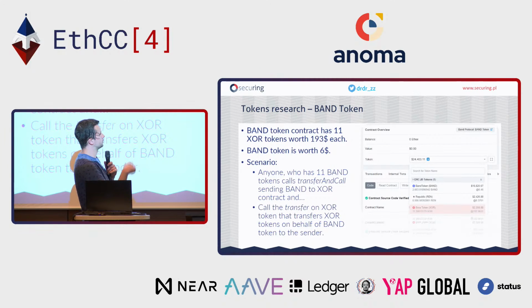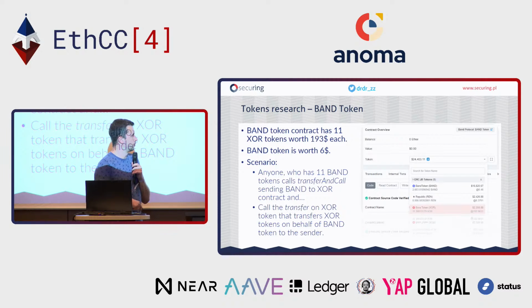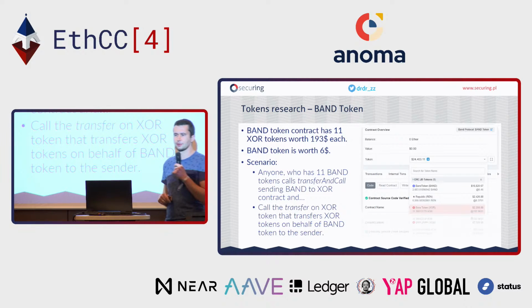This is the contract of the Band token. And as you can see, they had, and actually they still have, some Sora token. At the day when I was creating this, the Sora token was $193, and the Band was $6. Now it's much less, of course, because it's going down lately.